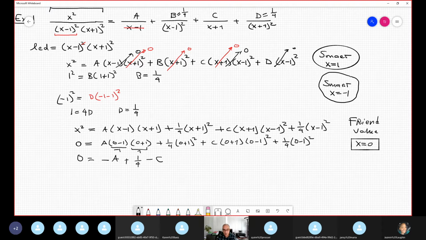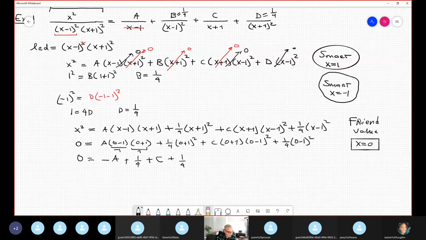Look at that. Actually, 0 minus 1 is -1, but when you square, it becomes positive. So it's positive: 0 minus 1 is -1, squared is 1, which is 1 over 4.